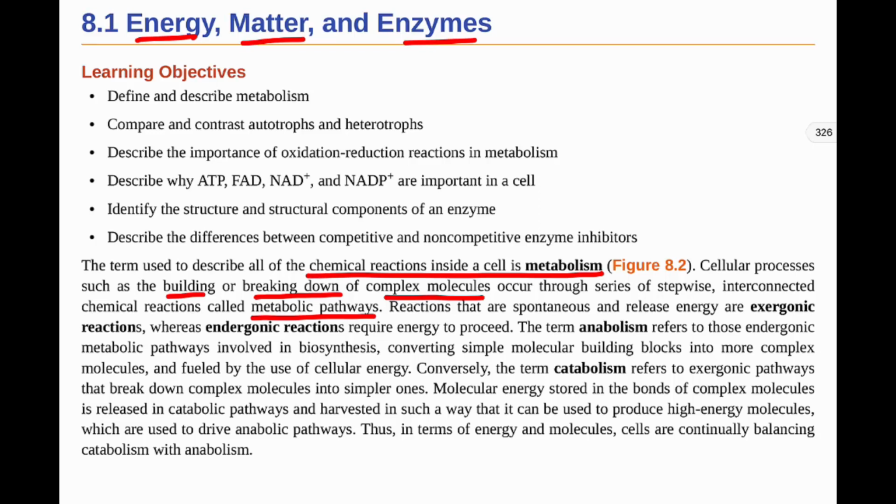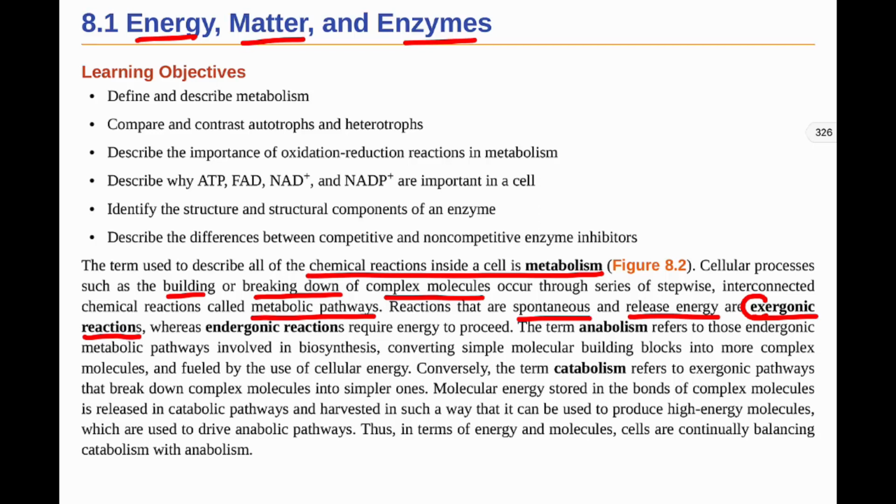Reactions that are spontaneous, meaning they happen on their own, you don't have to put any energy into it, and that release energy are called exergonic reactions. Hopefully this is familiar to you. Exergonic is when it is releasing energy, and I remember that because exer is releasing it to the exterior. So the energy is going out.